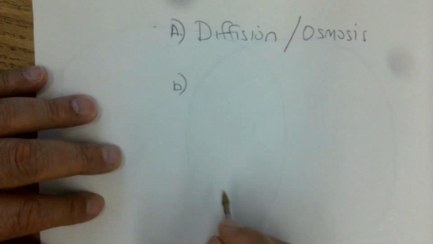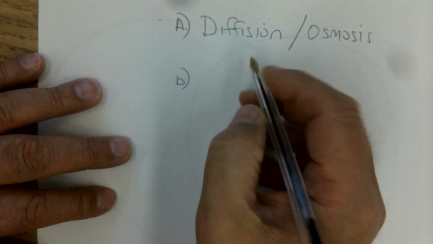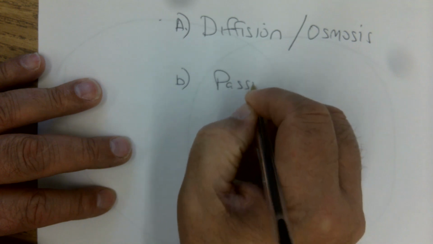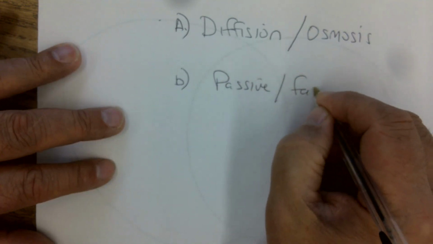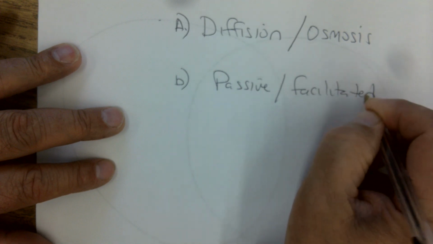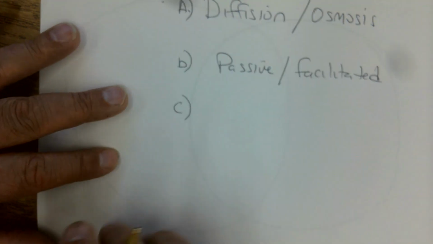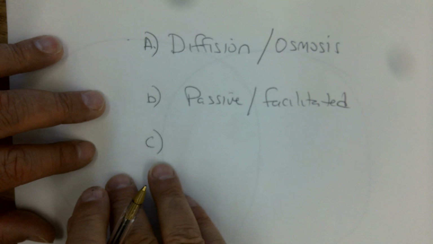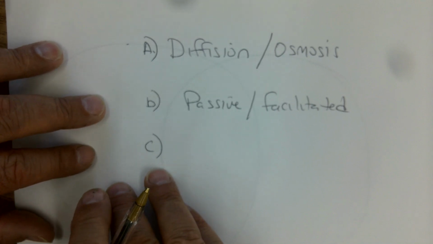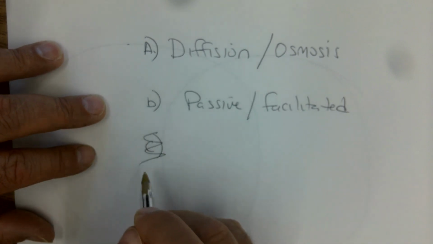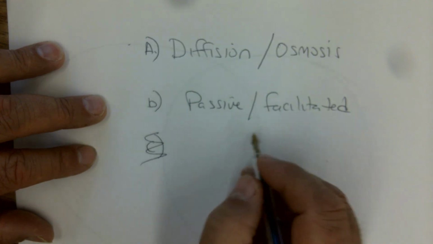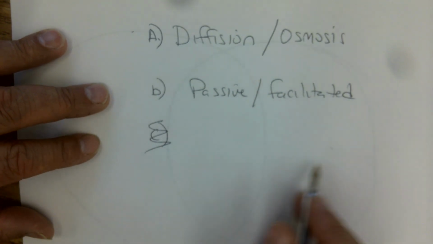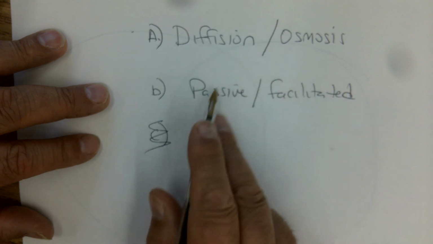You could also choose to do passive transport to facilitated. You could also do, let me see, that's probably the two that I can think of, but you could be creative. So if you can come up with something that's very similar, you can compare them as well.